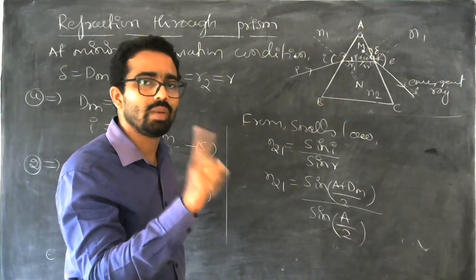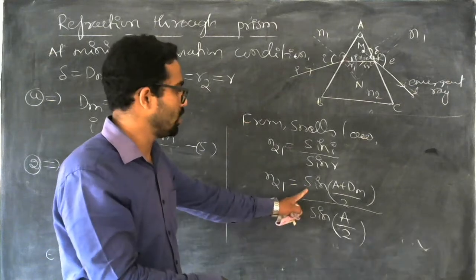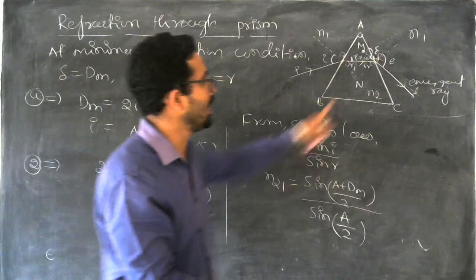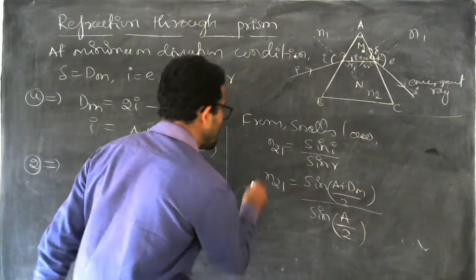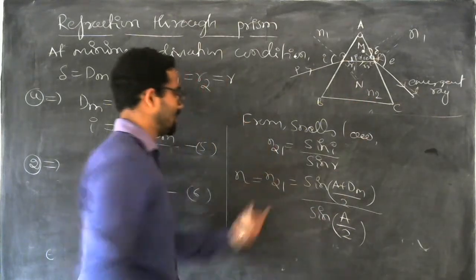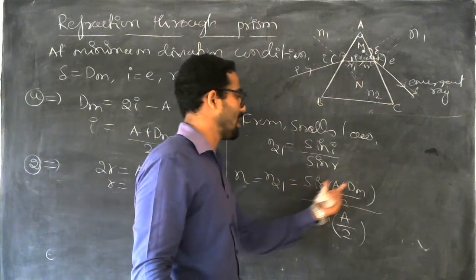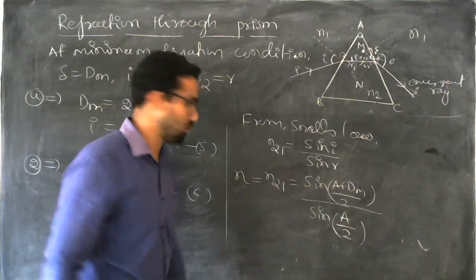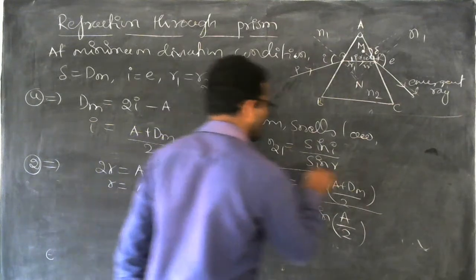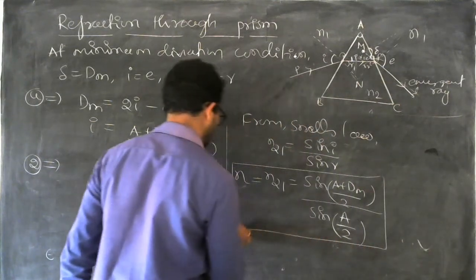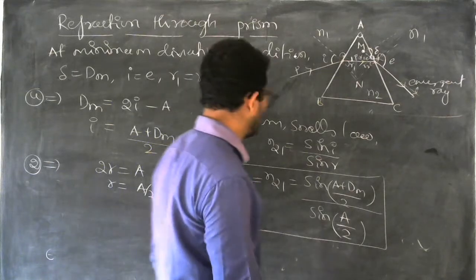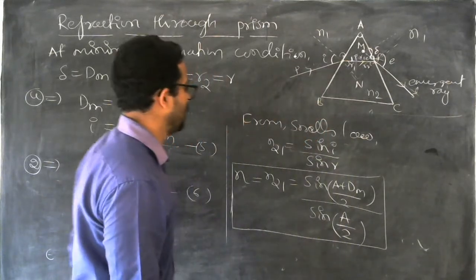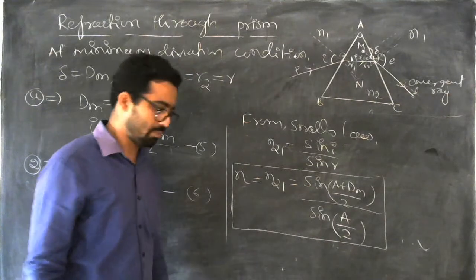That's why you get n2 equal to sin of (A plus dm) by 2 divided by sin of A by 2. n2 means the refractive index of this medium. That's why you can simply write this as n is equal to sin of (A plus dm) by 2 divided by sin of A by 2. This is the equation for the refractive index of the prism.